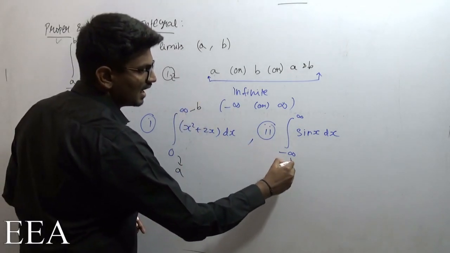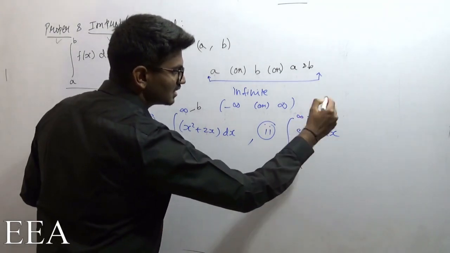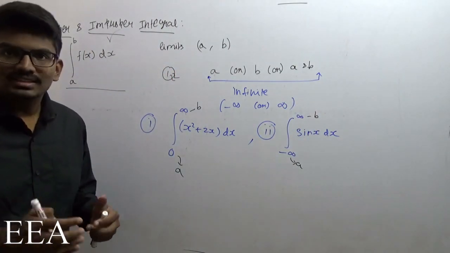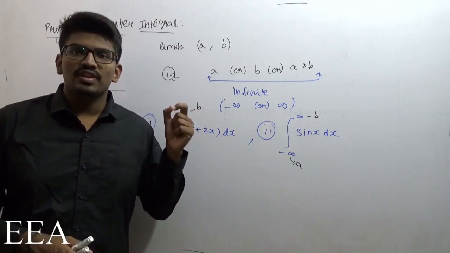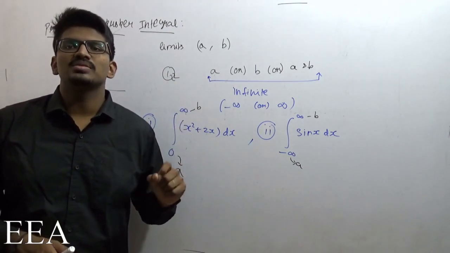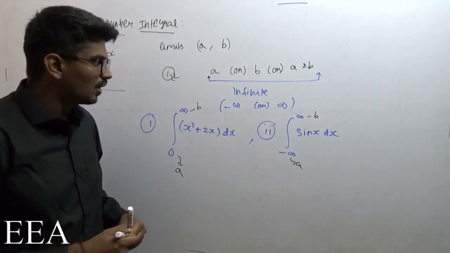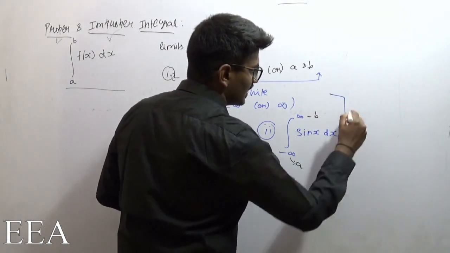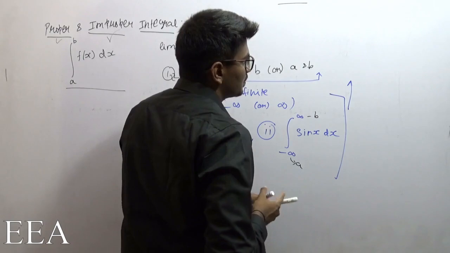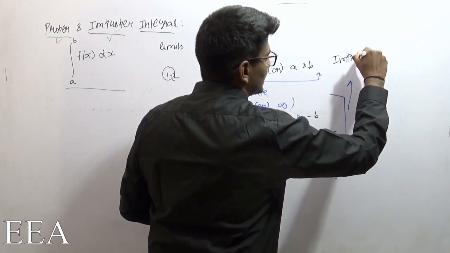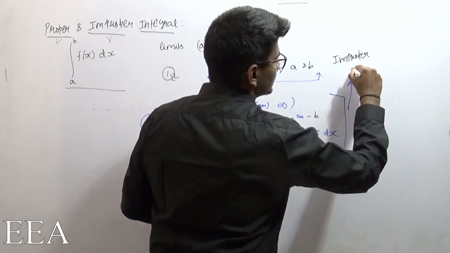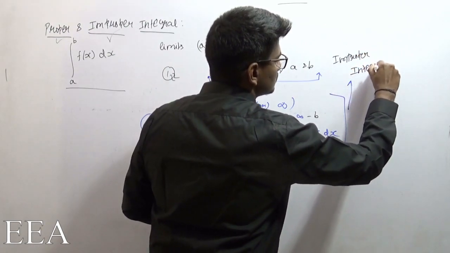In the second example, a is minus infinity and b is infinity. In both the examples, one of the limit values is infinity, right? So if any one of the limit values becomes infinity, then I will call this integral an improper integral.